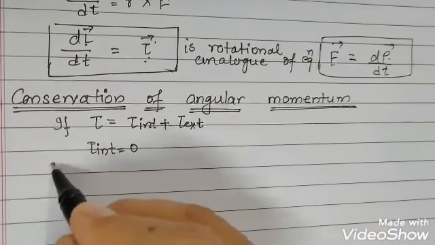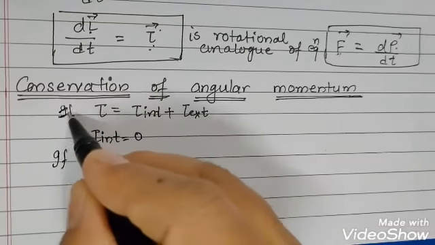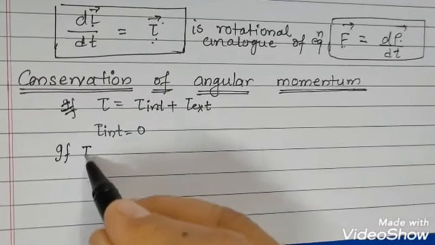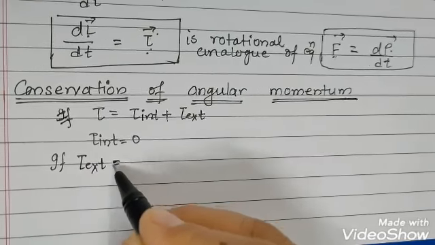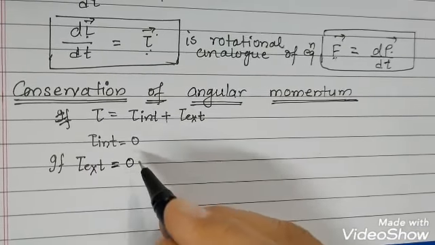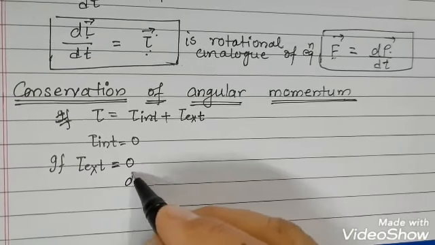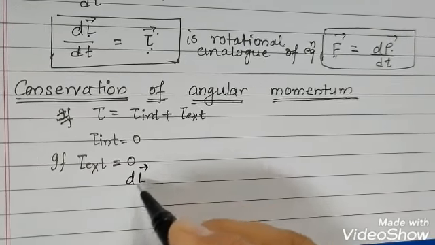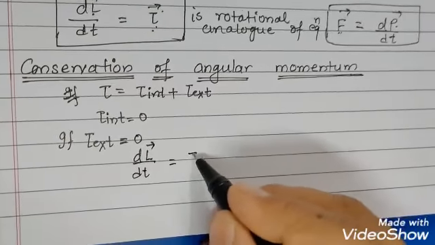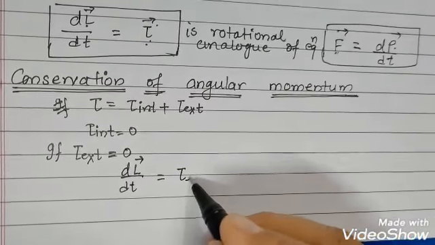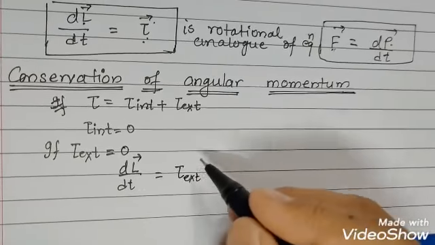Now if the external torque is 0, in such a situation we know the relation between the angular momentum and tau, and this time this tau is the tau external here.